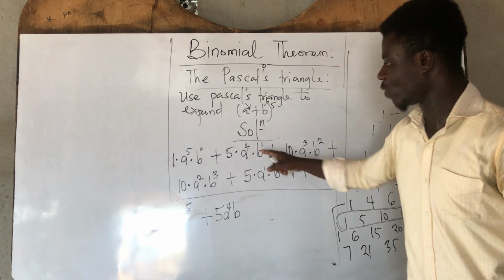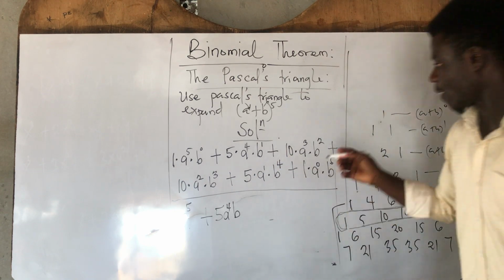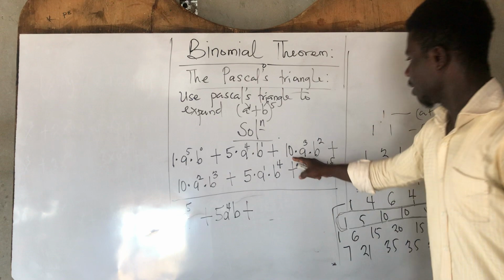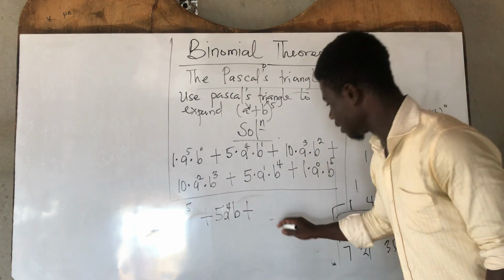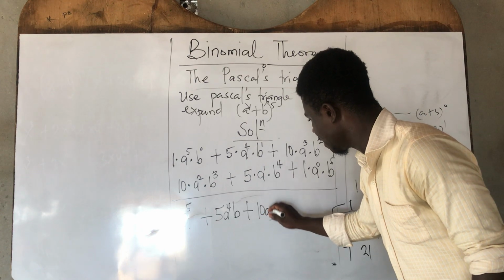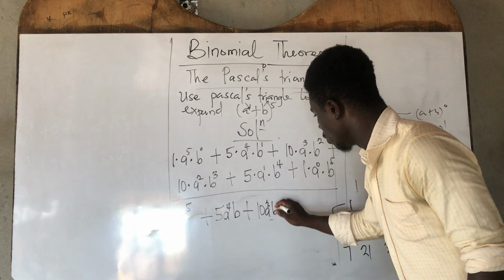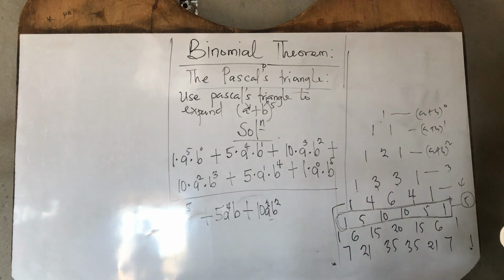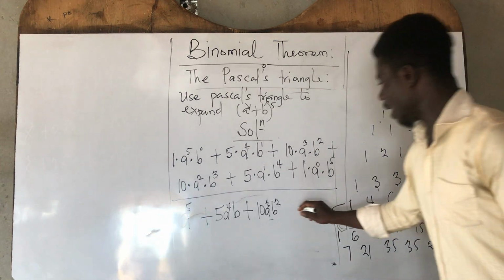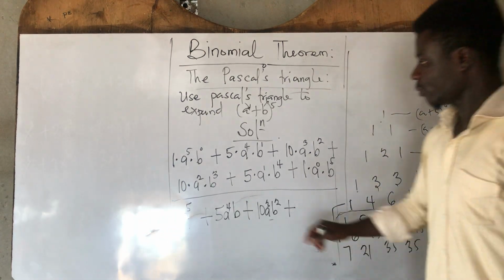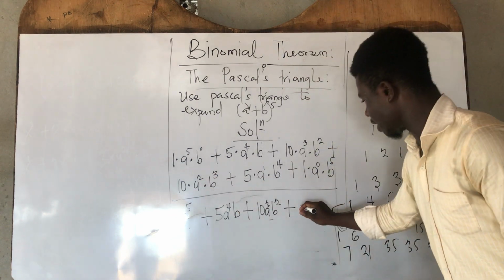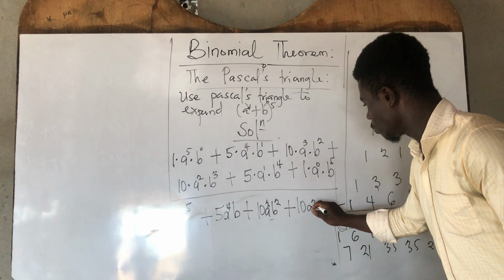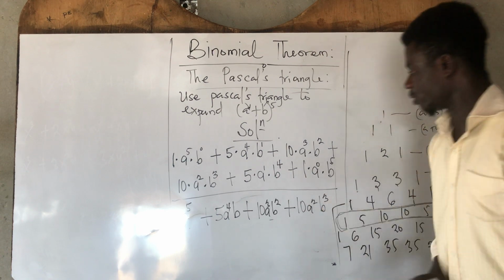So there is no need to write the 1, it's the same thing. Plus 10 times a to the power 3 times b to the power 2. We can write it as 10a cubed b squared. Then plus 10a squared b cubed. You can write it as 10a squared b cubed.